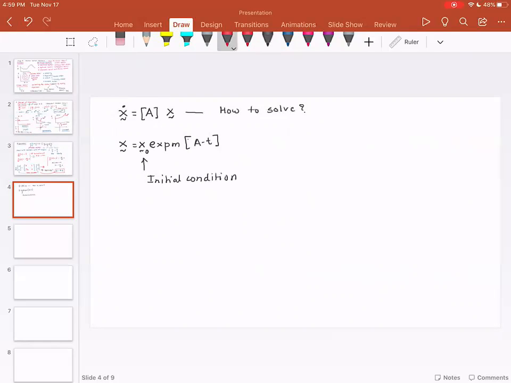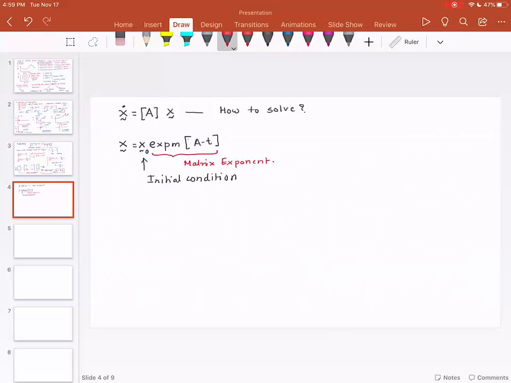And this is the matrix exponent. And this is how you can solve a linear differential equation.